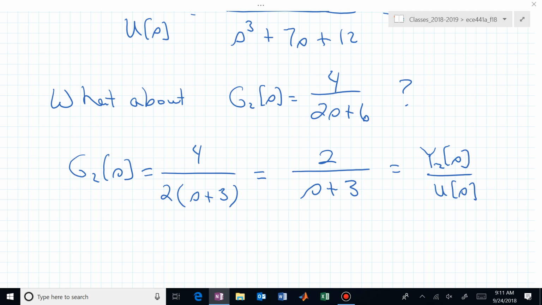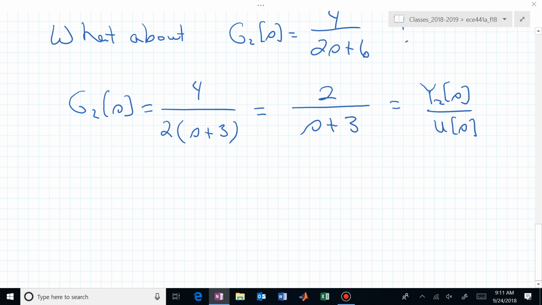And I'm guessing now that if somebody asks that question, is g still y over u, they were going in the following direction. Now we can cross multiply.